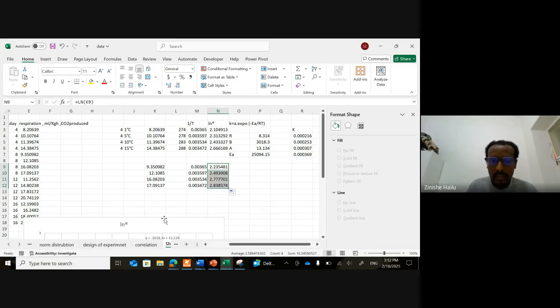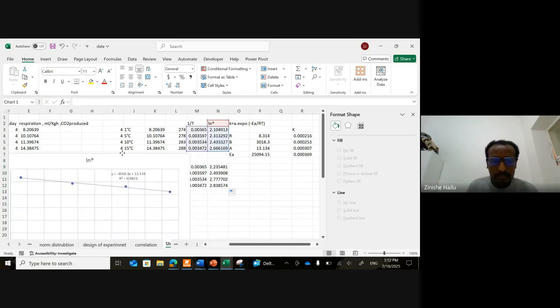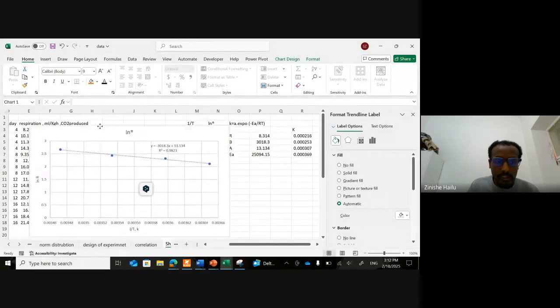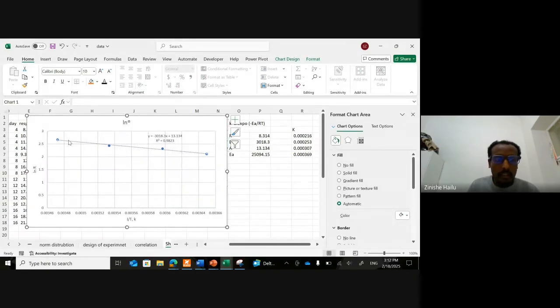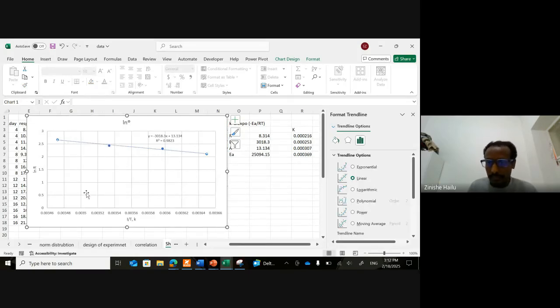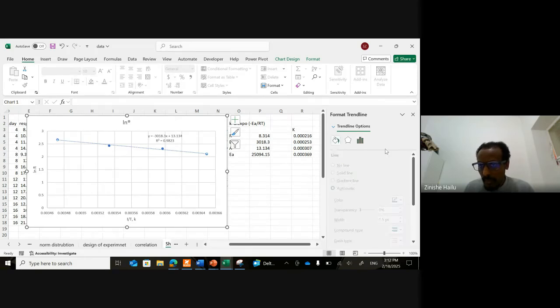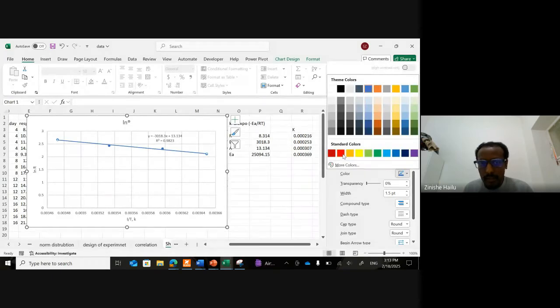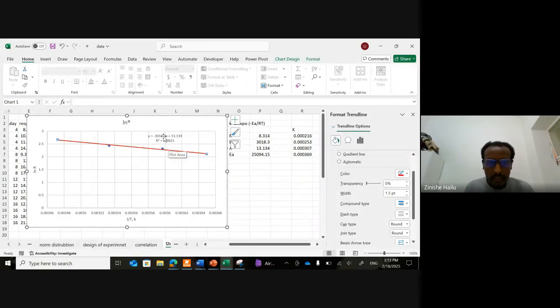Okay. So after that, we have to add to this. I will color this one maybe. Okay, the trend. I'll turn this solid line and of the color of red, let's say, I like.